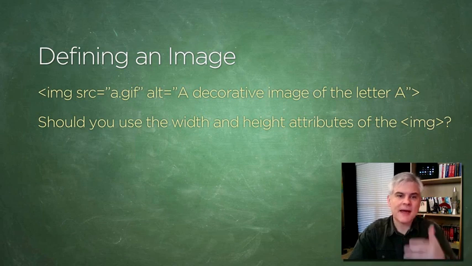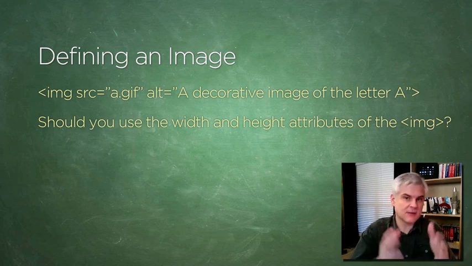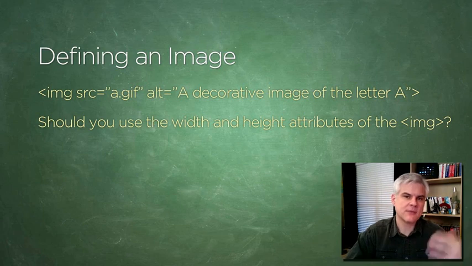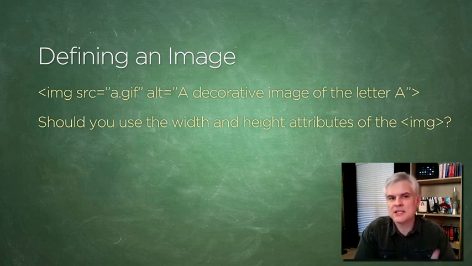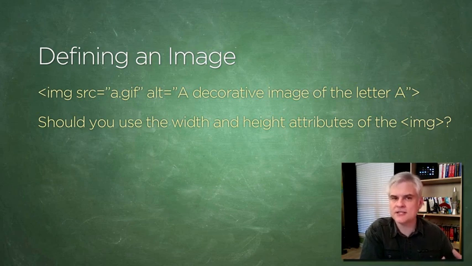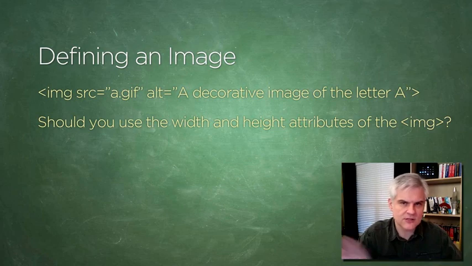So there is a pragmatic rationale to their existence, because it might help with the formatting of the rest of the page, if you're relying on the size of that image to help format the rest of the page relative to that image. But I still think, despite that advantage, you should opt to keep things semantically clean and keep all your presentation information, including the size of the images, in your cascading style sheets. Okay, and we'll show how to do that much later.